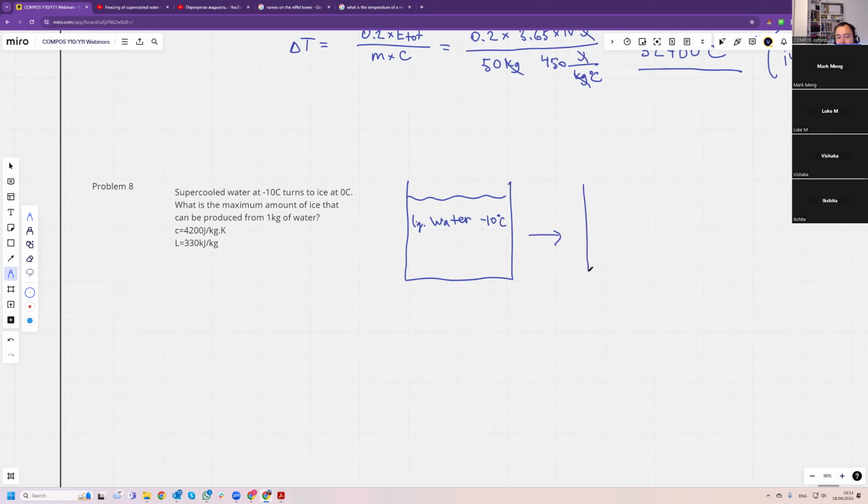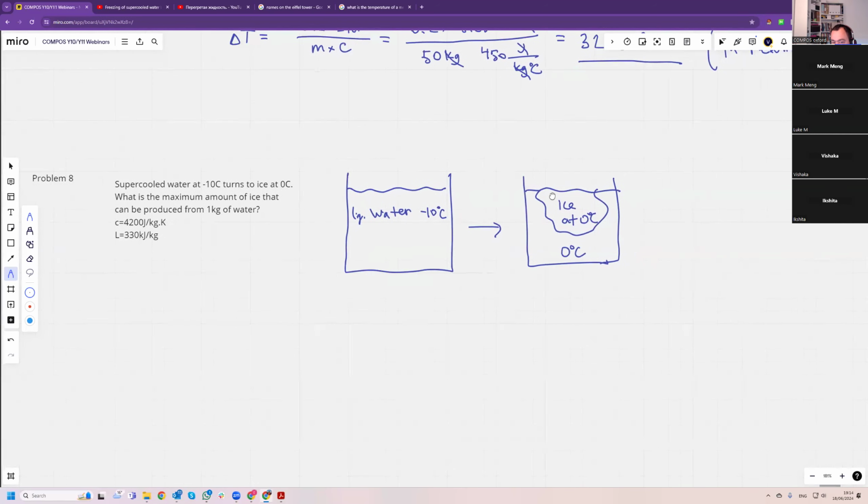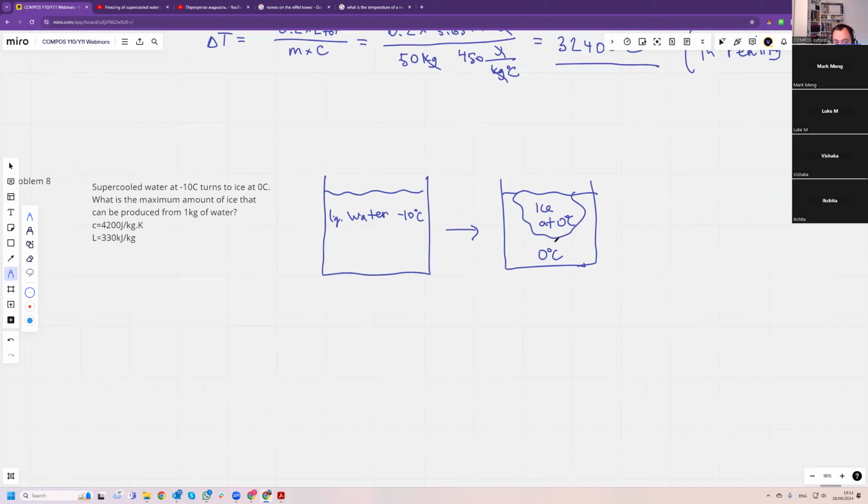Now it turns to ice. Well, some of it turns to ice. Ice at 0 degrees. And the remaining water will also be at 0 degrees. So some of the water turns to ice.